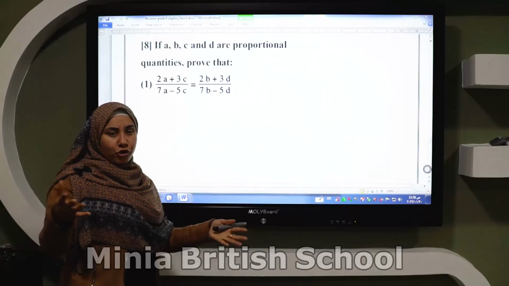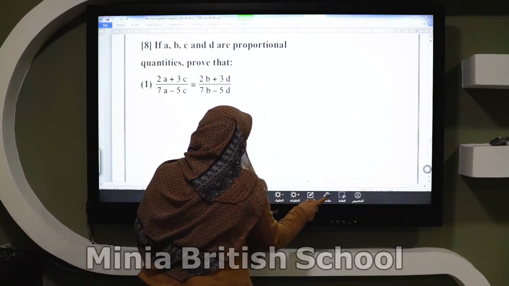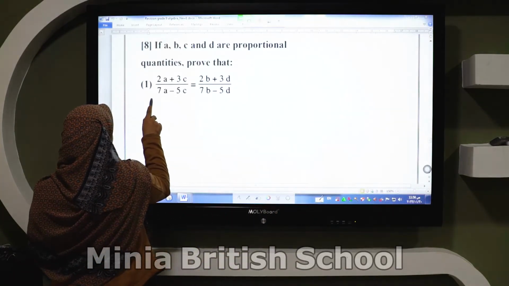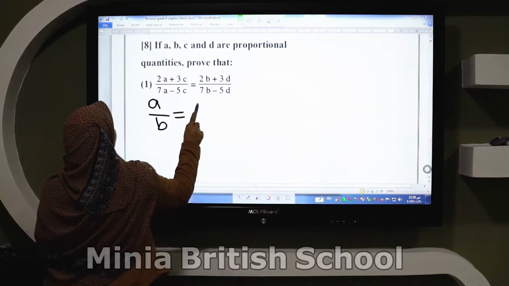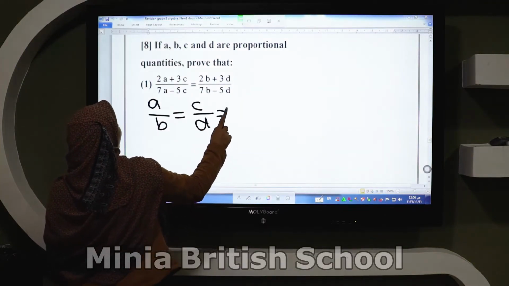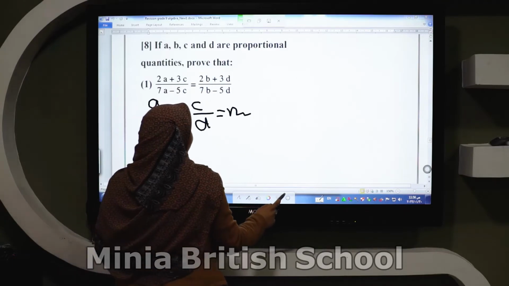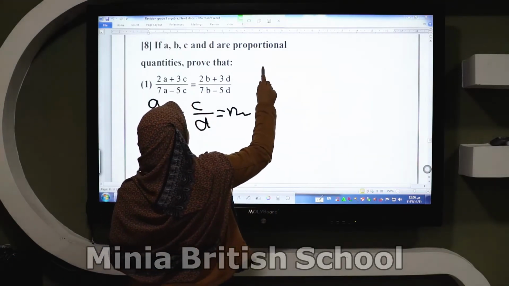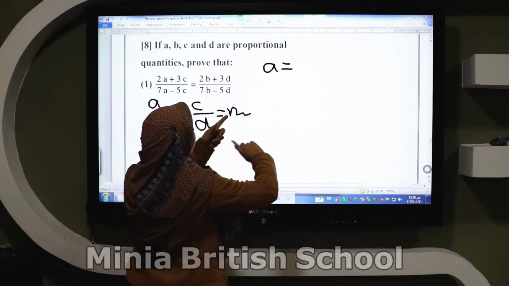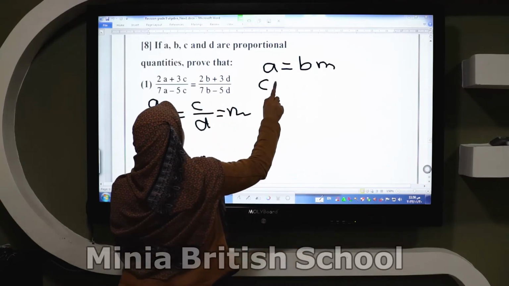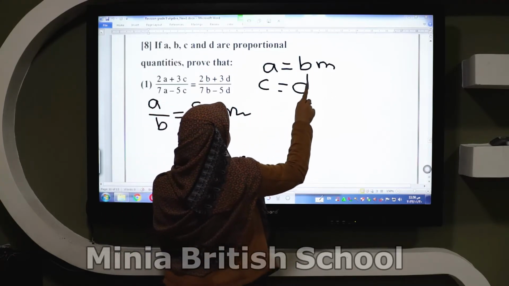So A over B equals C over D equals M. Then A equals BM, C equals DM.